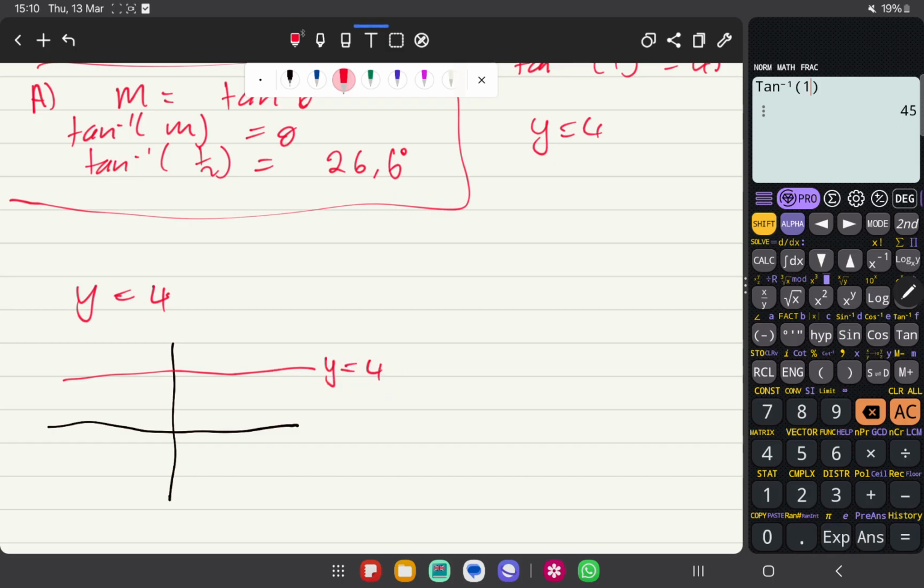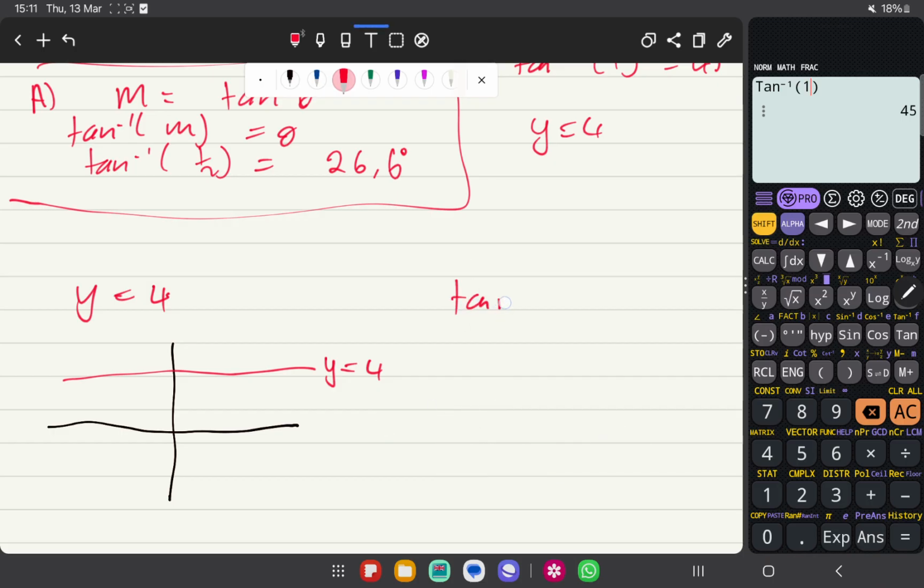Remember I said that since your y values are the same throughout, you're gonna have 4 minus 4 over change in x, which is 0 over change in x, which is 0. So the gradient here is 0.